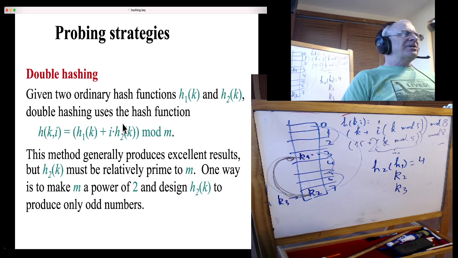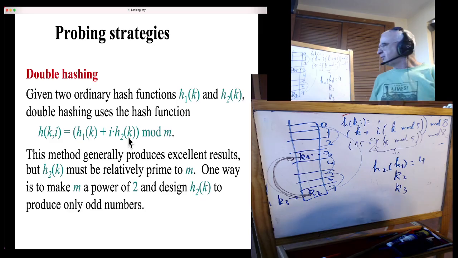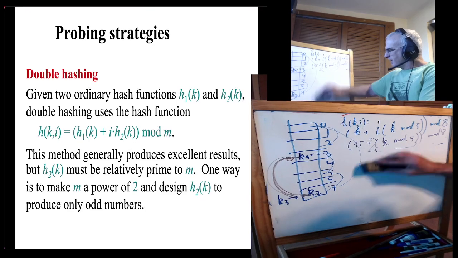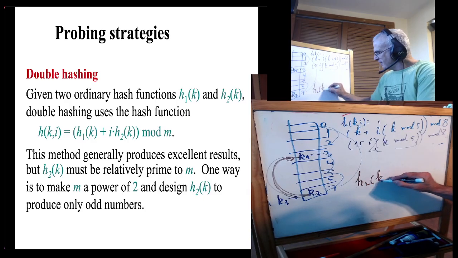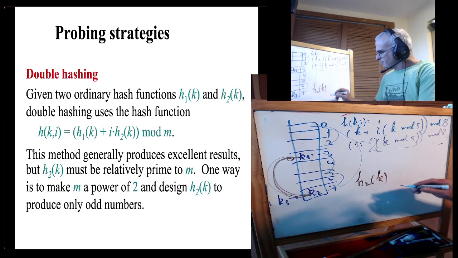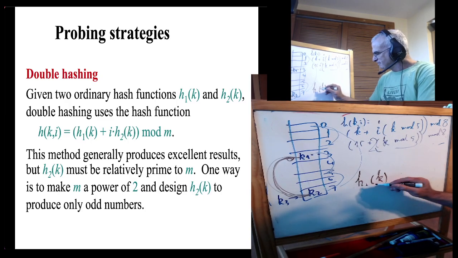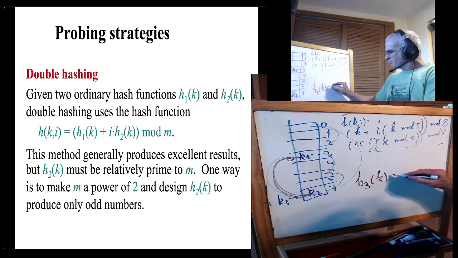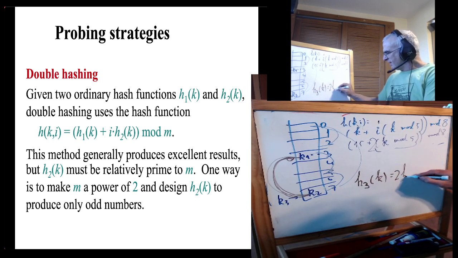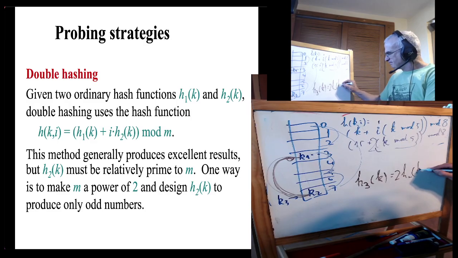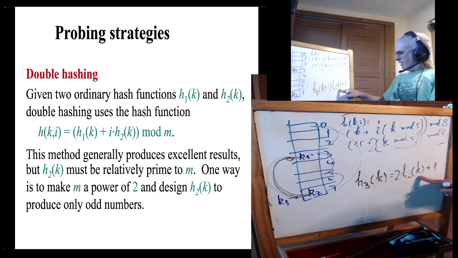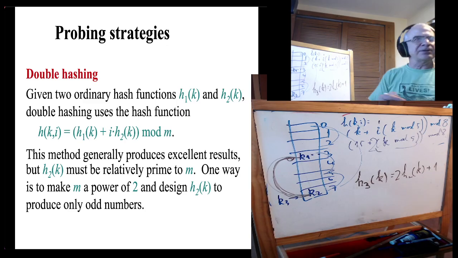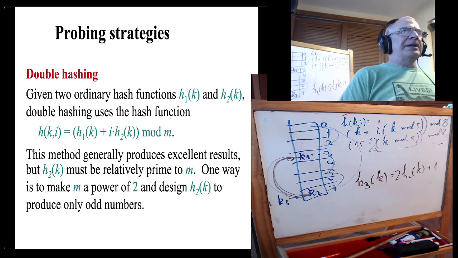You just make sure that the function will return an odd number. How can I guarantee it? Say that h3 of k equals 2 times some other function, h2 of k, plus 1. So 2 times h2 of k is always even, plus 1 is always odd, and I never run into this issue.